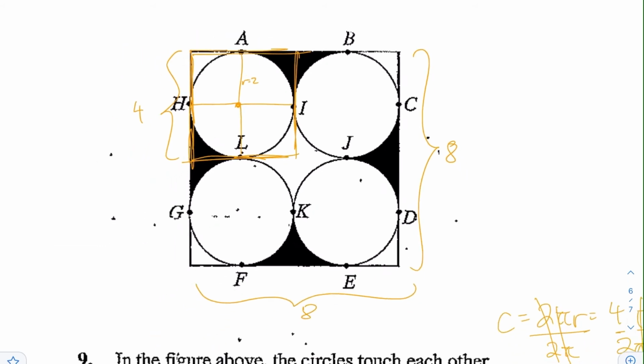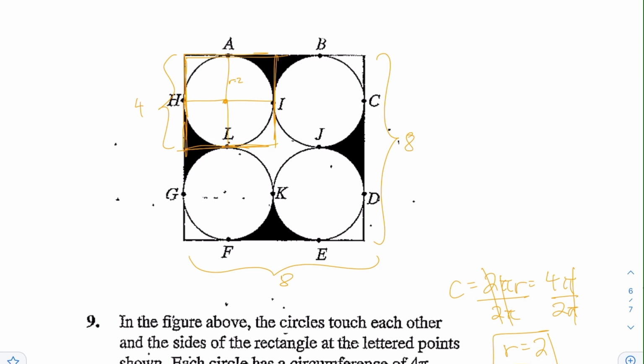Now, these regions that surround the shape are actually the same as the parts that surround this circle. If you just take one of these boxes, that's 4 by 4, and you have a circle inside, you subtract the area of the circle from the area of the square, and that'll give you 4 of these regions.